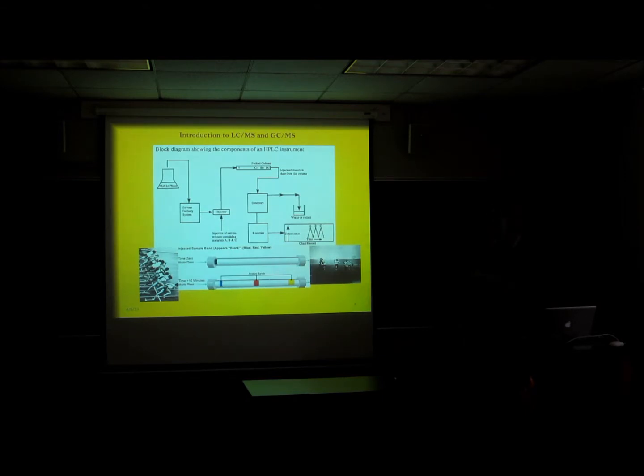And you can do that in 1 or 2 dimensions. You can detect the mass to charge ratio of a given compound in 1 dimension and get a peak every time you detect that specific mass to charge ratio.